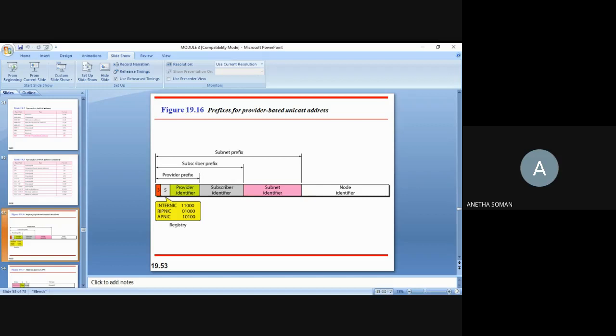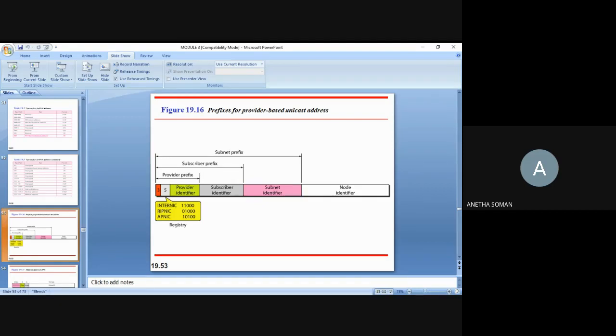Okay, now you have the subnet identifier. Each subscriber can have different subnetworks, and that is specified in the subnet identifier. The total length will be 32 bits. The last field is the node identifier. It identifies the node that is connected to a subnet, and the total length will be 48 bits.